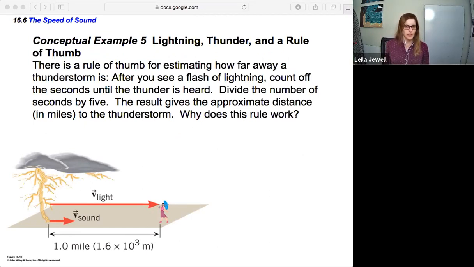Well, if we think about this, the speed of sound we saw was 343 meters per second. You may remember from an earlier video, the speed of light is 3 times 10 to the 8 meters per second. Speed of light is much, much faster than that of sound. So if we imagine a person who's 1 mile away from the lightning and the thunderstorm, we could figure out how long it would take the sound to reach her.